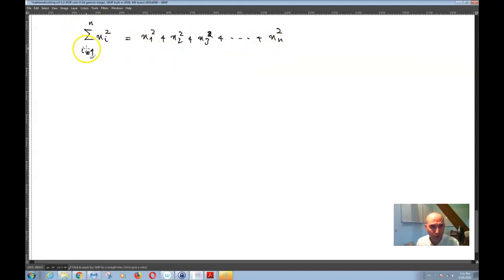And when we're talking about the set of natural numbers, x of i would be 1 squared plus 2 squared plus 3 squared plus all the way up to n squared. So you can write this as s of n in the language of series and sequences: s of n is equal to 1 squared plus 2 squared plus 3 squared plus all the way up to n squared.